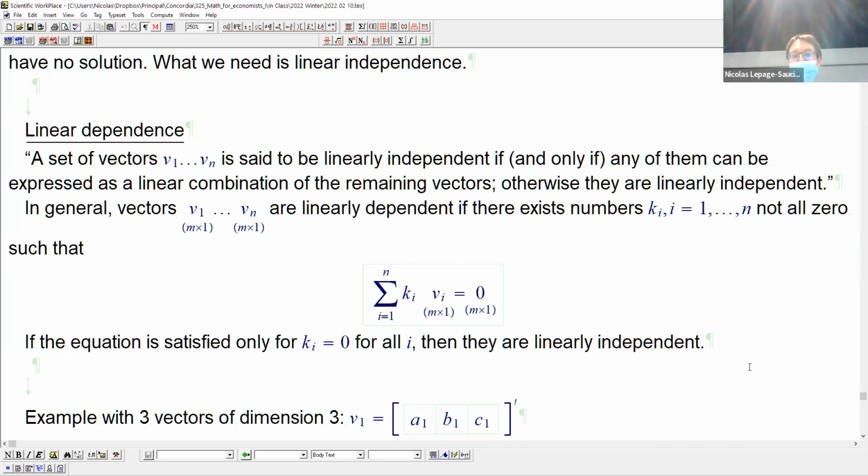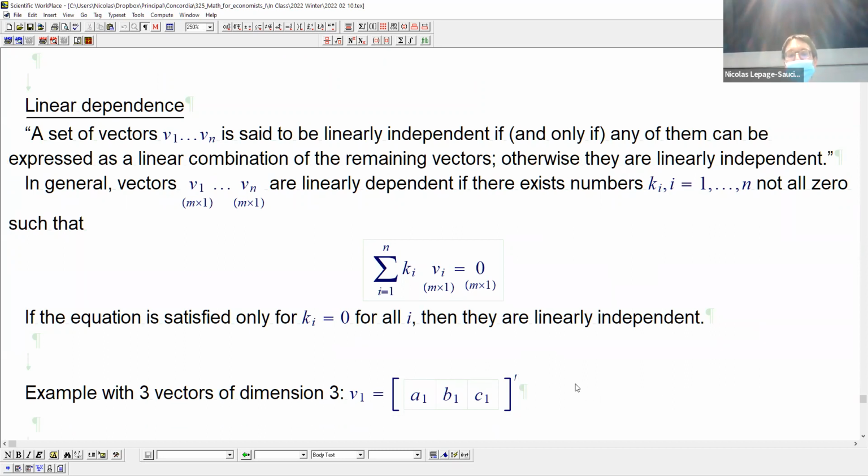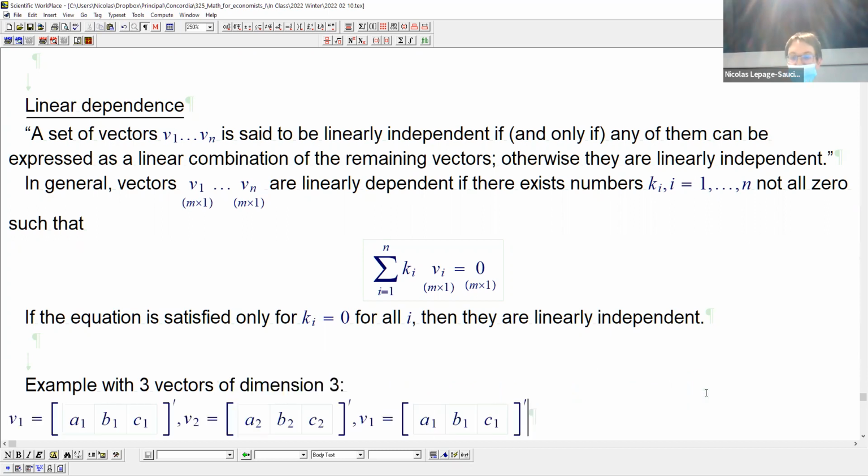The only reason I write it this way is so that in the notes it takes less space. Then V2 will be A2, B2, C2, and then V3 will be equal to A3, B3, C3.